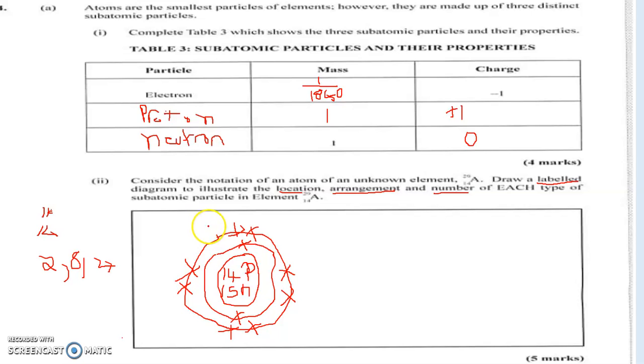And then our last shell, our third shell, which consists of 4 electrons.